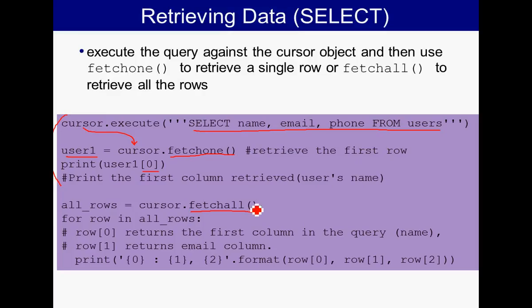Okay, fetchall. This is a method so that the entire table is now held by this variable, all rows. And then look at this Python statement: for row in all rows, which is the entire table. So these statements will run for each row in that table. I want to print in this format.